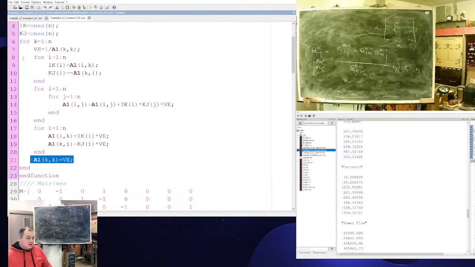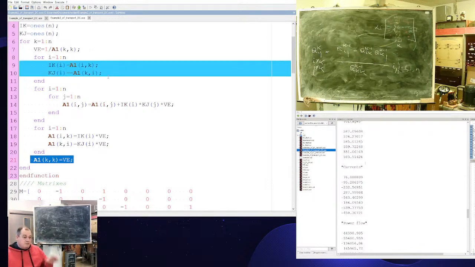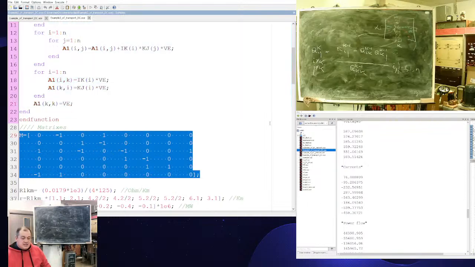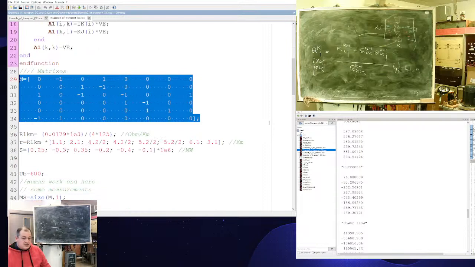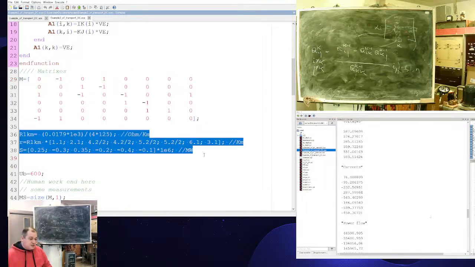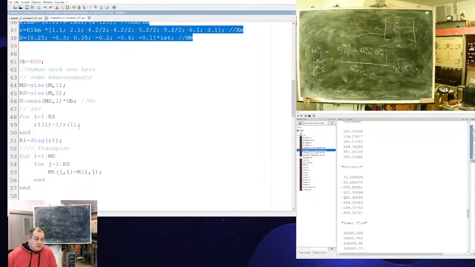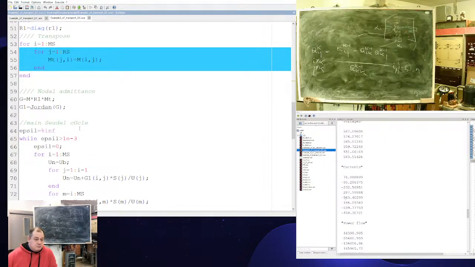So here is the Jordan function. It performs matrix inversion. When I have the inverted matrix, the same incidence matrix part is the same as we already saw, nothing special.